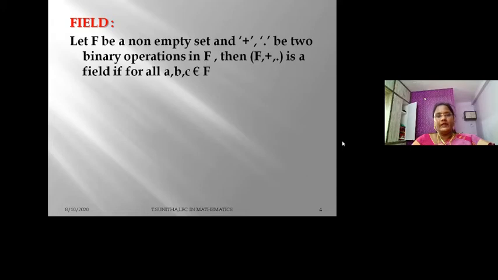Let F be a non-empty set and +, · be two binary operations in F. Then (F, +, ·) is a field.